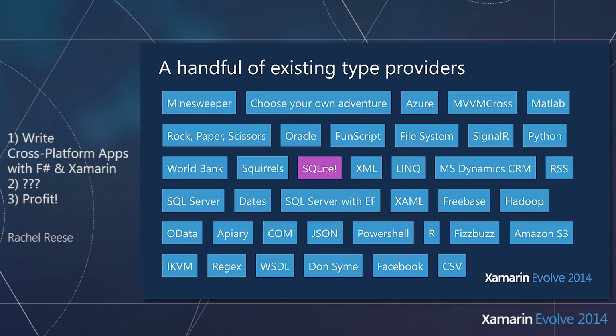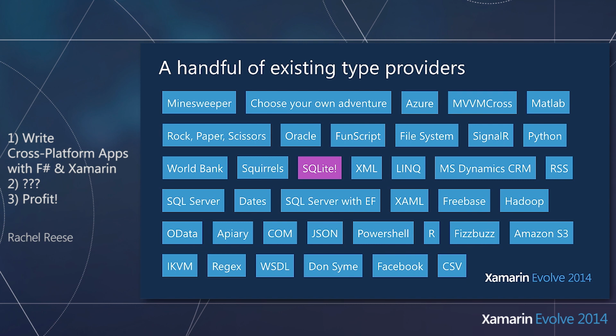There are zillions of type providers. This is just obviously a handful. There are some ridiculous ones. There's a choose your own adventure one, which literally every time you hit a dot and the IntelliSense kicks in, you get a new little adventure that you can choose, and it's just an ongoing loop of them. It's fun. There's useful ones. There's an RSS one. There's Python. A lot of people use the R one.